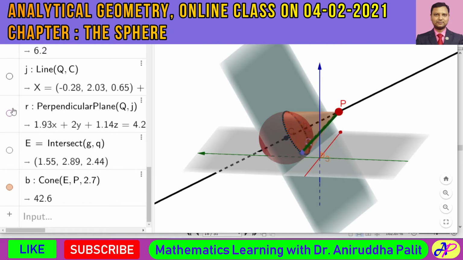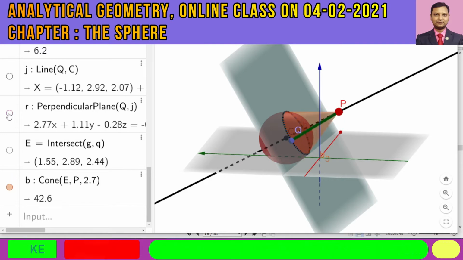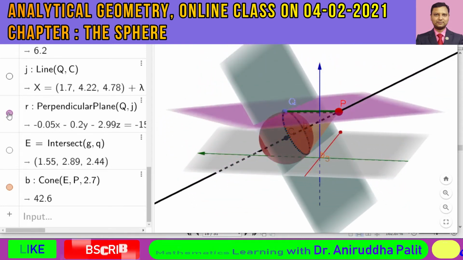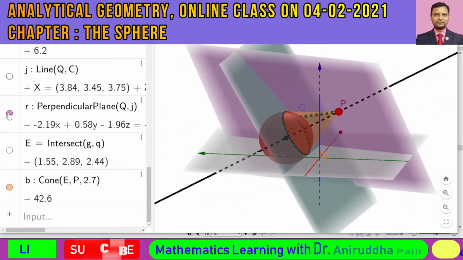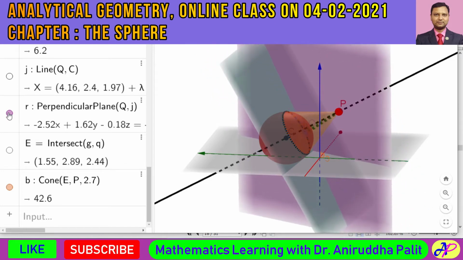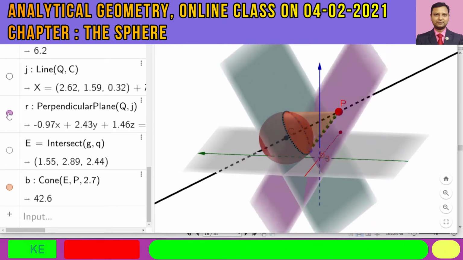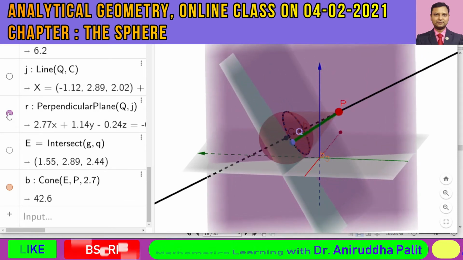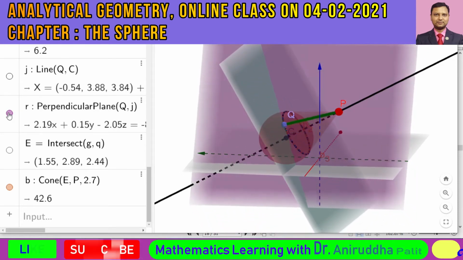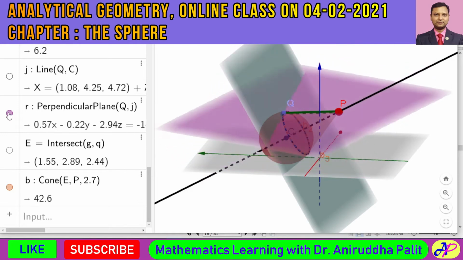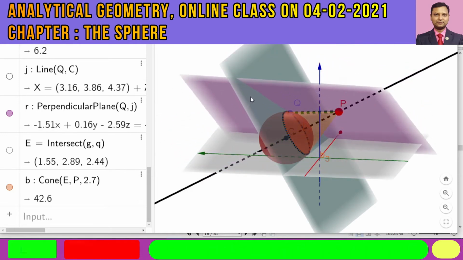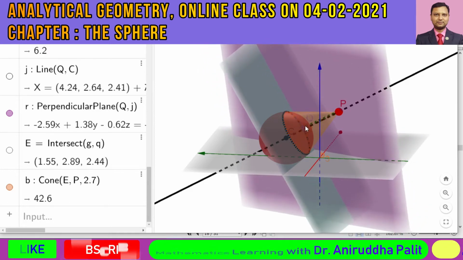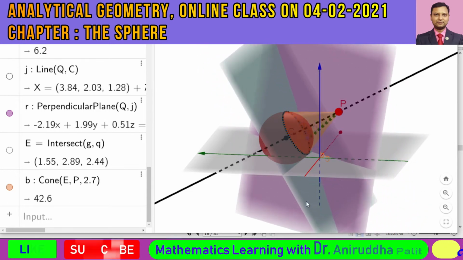Along this generator we consider a plane that is the tangent plane, this pink plane. All possible tangent planes for different positions of Q will have this Q point as the point at which the tangent plane touches the sphere.